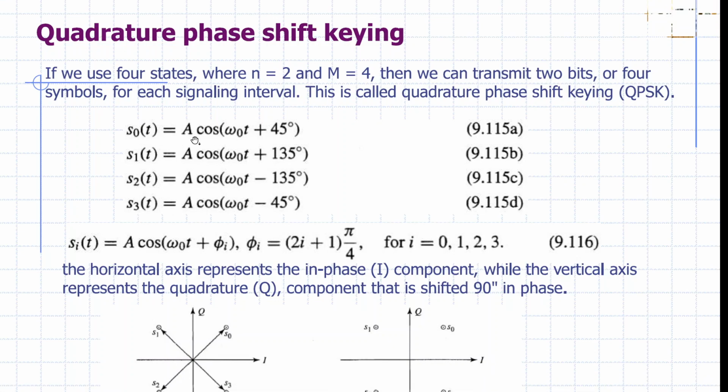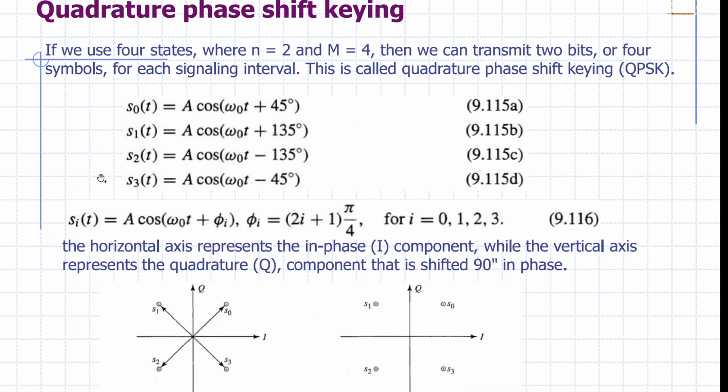So S0 of t is A cos(ω0 t + 45 degrees). S1 of t is A cos(ω0 t + 135 degrees). We will be using 4 different phases: 45, 135, minus 135 and minus 45. So 4 symbols, and each symbol represents a combination of 2 bits.